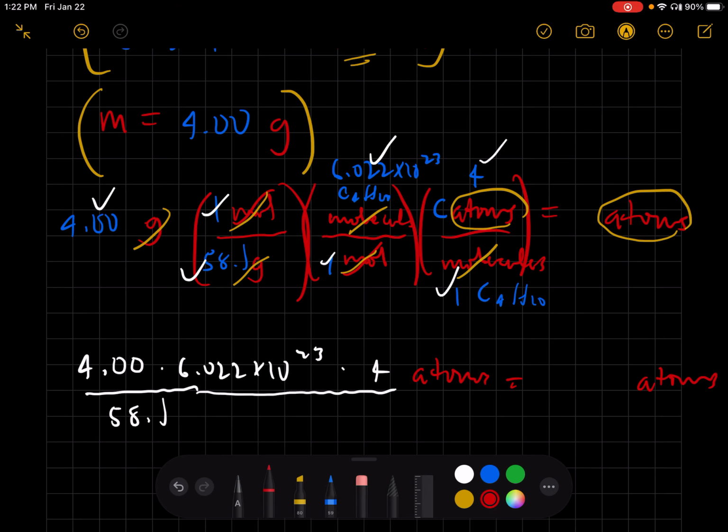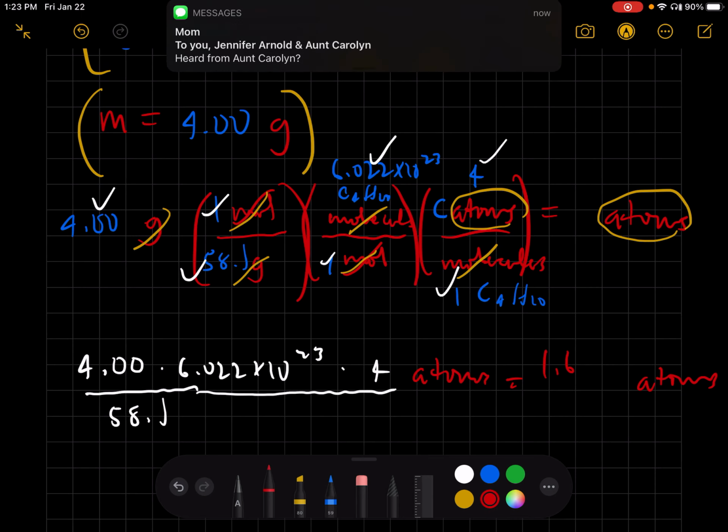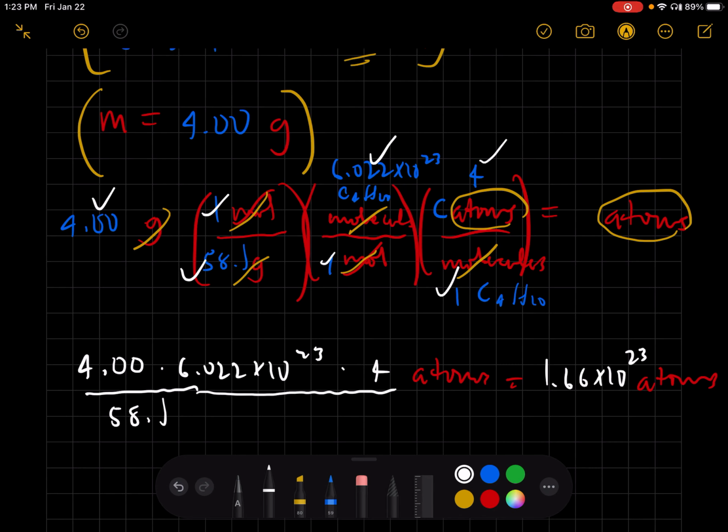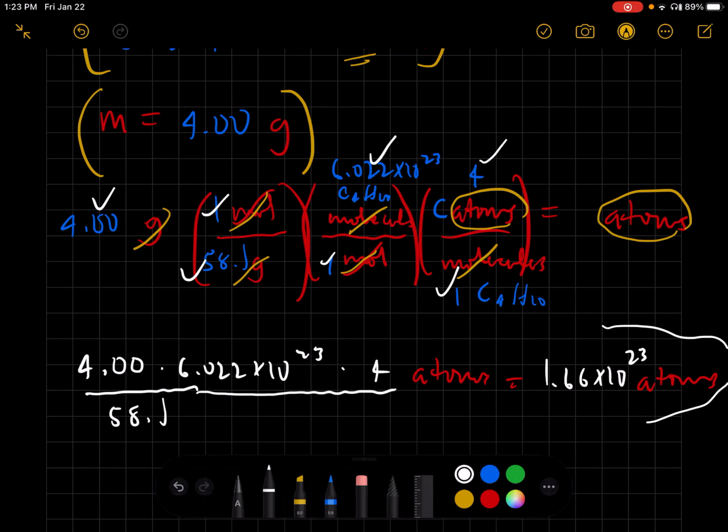And that is going to get me 1.66 times 10 to the 23rd atoms. And that is my answer.